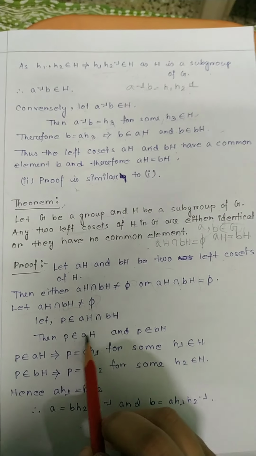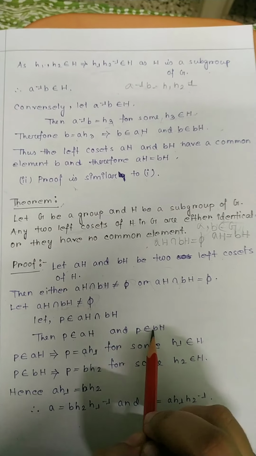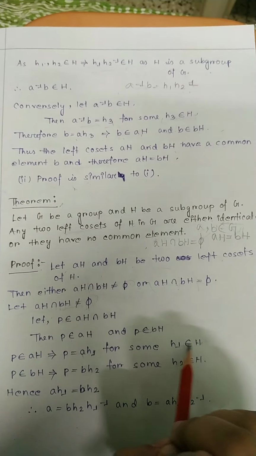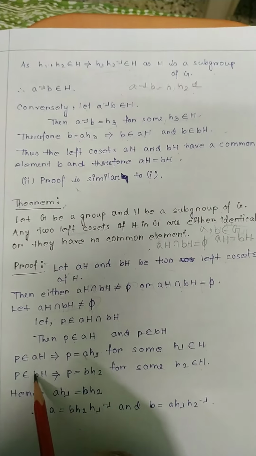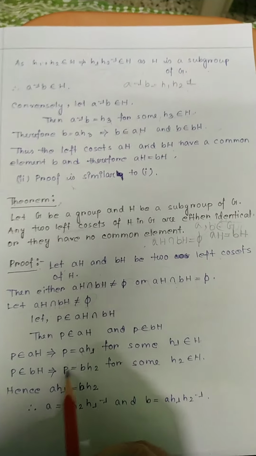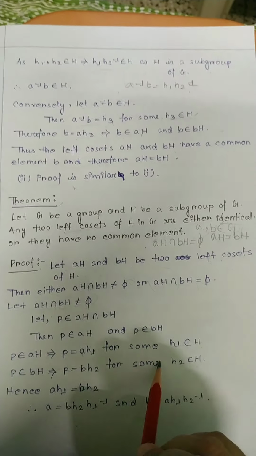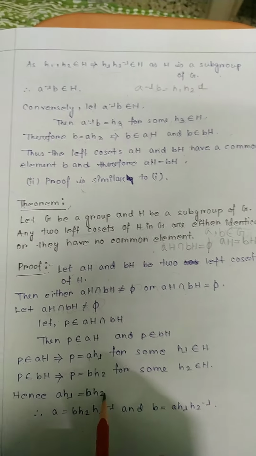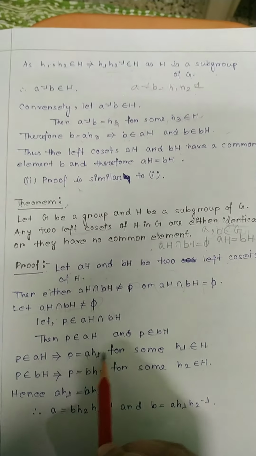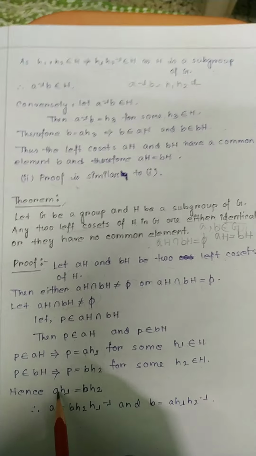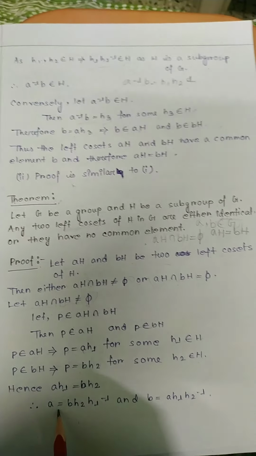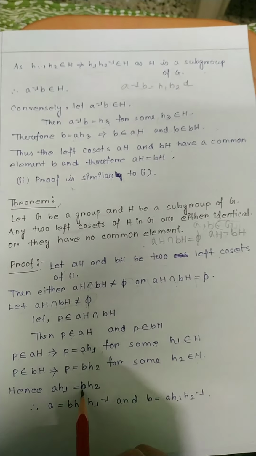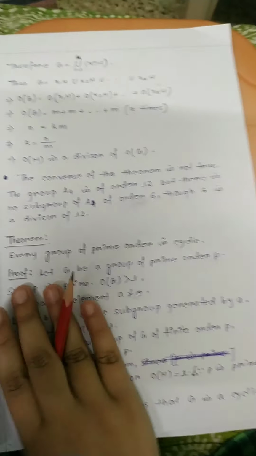Then p belongs to aH and p belongs to bH. p belongs to aH implies p equals ah1 for some h1 belonging to H. p belongs to bH implies p equals bh2 for some h2 belonging to H. Hence, ah1 equals bh2. So we can write a equals bh2 h1 inverse and b equals ah1 h2 inverse.